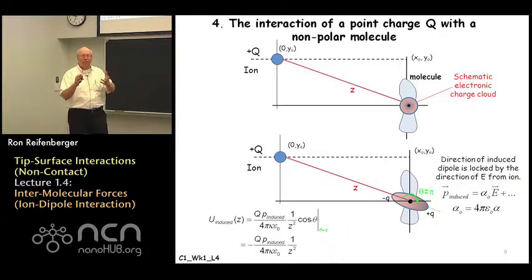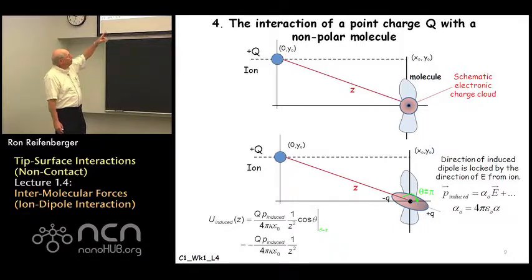And to a first approximation, that electronic charge cloud has to be reasonably spherically symmetric because the molecule does not have a dipole moment. But when that nonpolar molecule interacts with this point charge, right, the electronic wave functions of the molecule can shift subtly, and I've tried to indicate that in the bottom diagram, right?